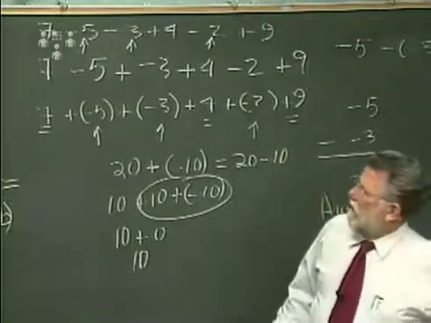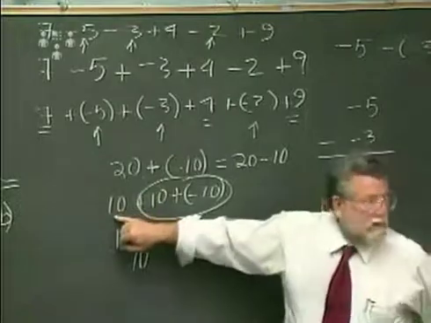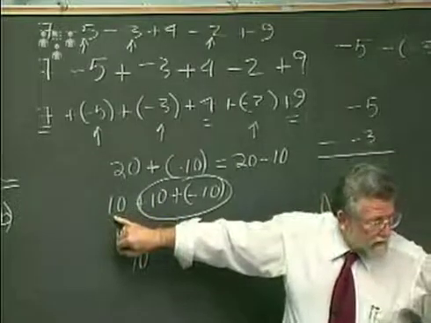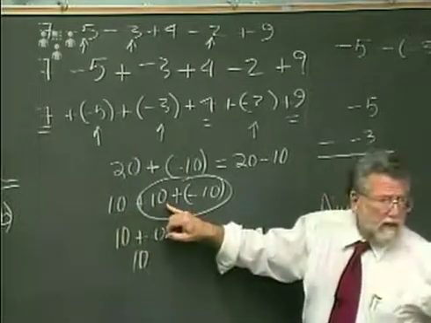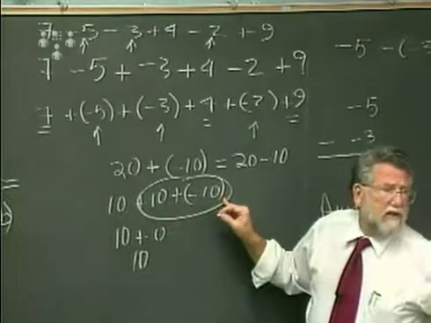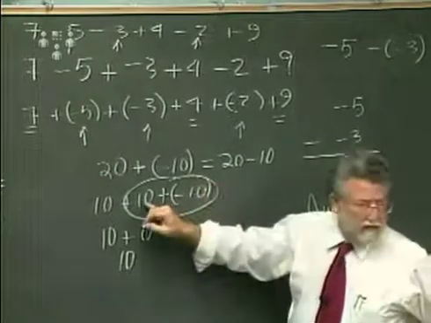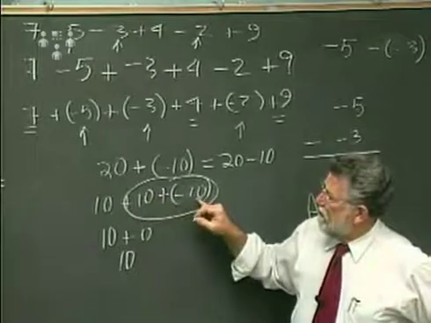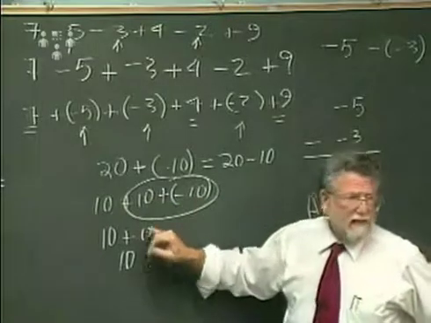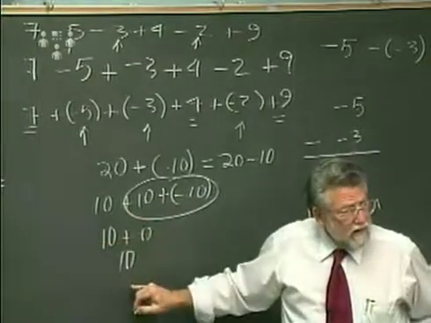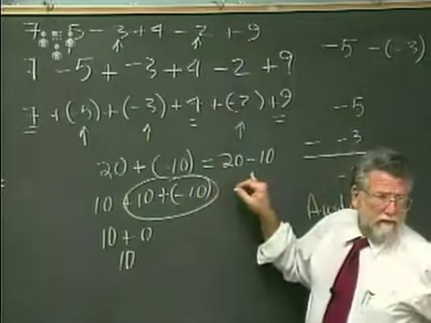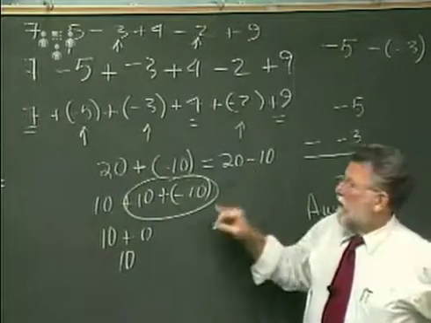Or I can argue that 20 can be parsed into, separated into 10 plus 10, because I know negative 10 has an inverse of 10 that makes these two give me 0. The identity added to 10 is 10. This is the easy way. I concur.